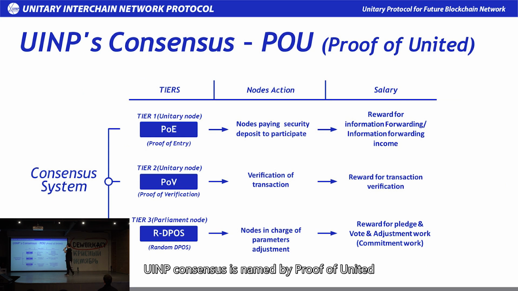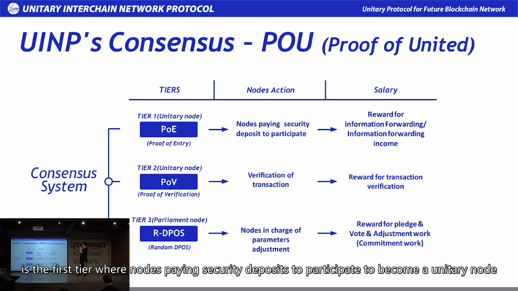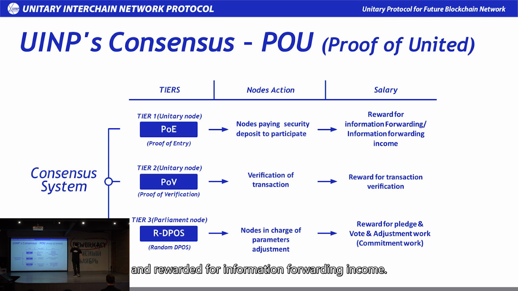UINP consensus is named Proof United, which is a three-tier consensus system. Proof of entry is the first tier, where nodes pay security deposits to become a unitary node, and receive the reward for information forwarding. The second tier is proof of verification.